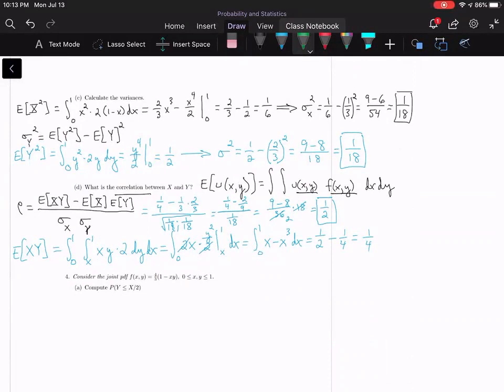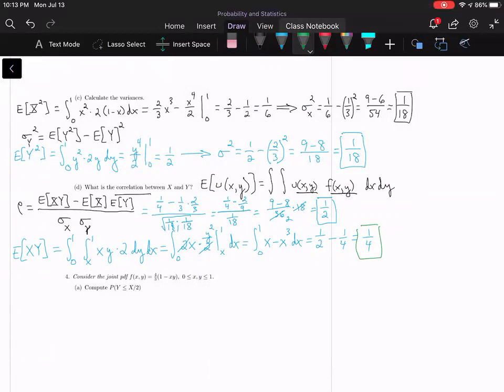And now when you integrate this, you get x squared over 2 minus x to the 4th over 4. And you evaluate that from 0 to 1, which gives you 1/2 minus 1/4, which gives you 1/4. And this is your expected value of xy, which you then plug into the top left of the formula. And so you have 1/4 minus the product of 1/3 and 2/3.